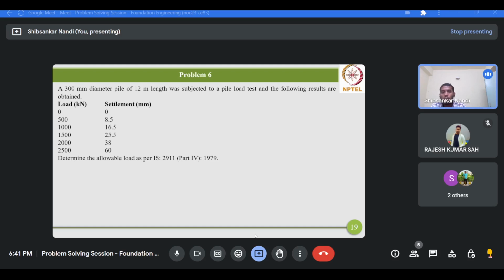So just you have to follow the recommendations prescribed by this Indian standard, that is IS 2911 part 4 1979. So can you please recall what are the recommendations prescribed by Indian standard 2911 to determine the allowable load for a single pile?